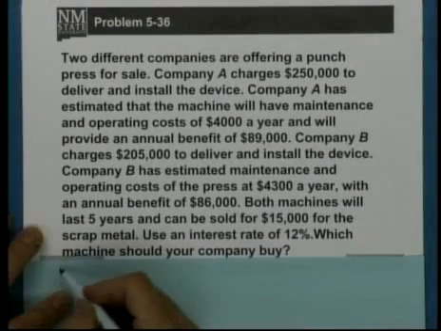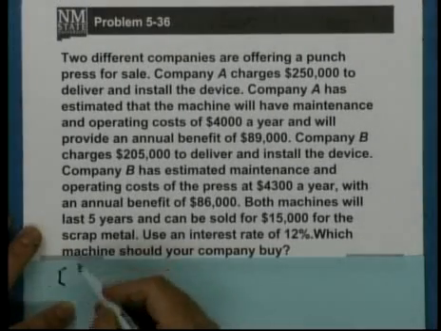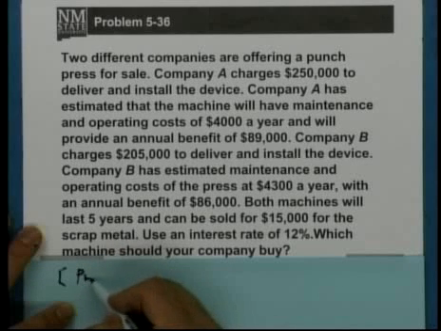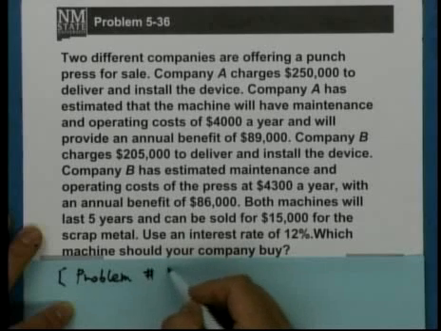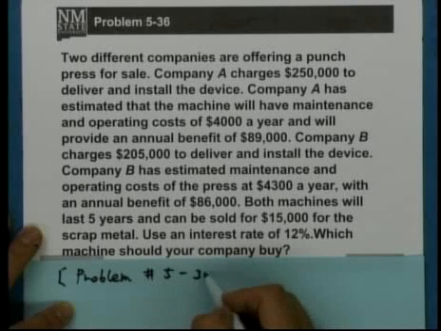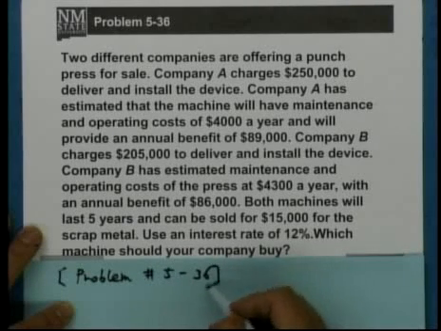So let me first write down the problem number. We are working on problem 5-36. Okay.